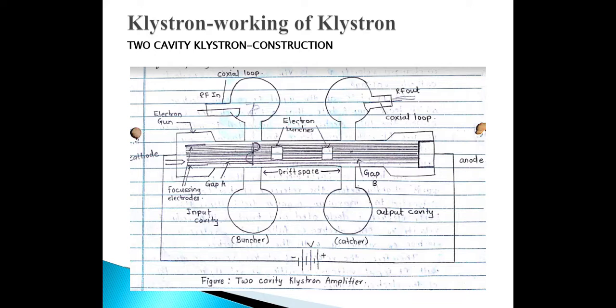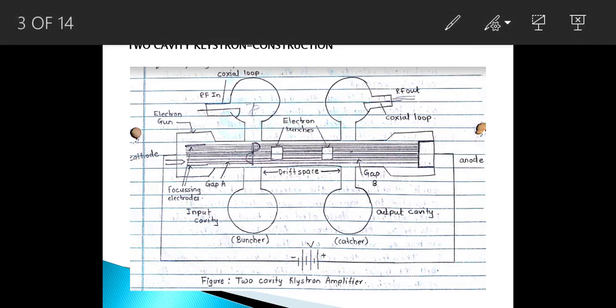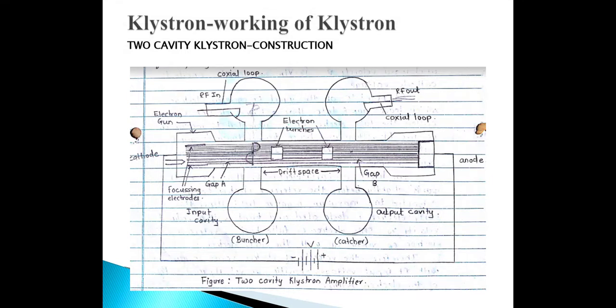At a point B on the input RF cycle, the alternating voltage is 0 and is going positive. At this instant, the electric field across gap A is 0, and an electron which passes through gap A at that instant is unaffected by the RF signal.